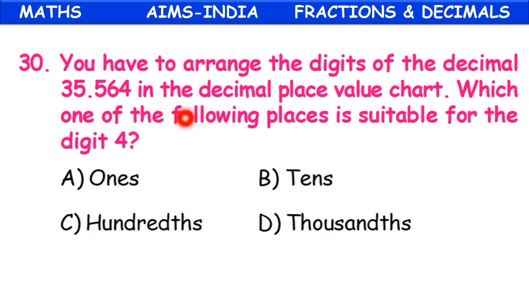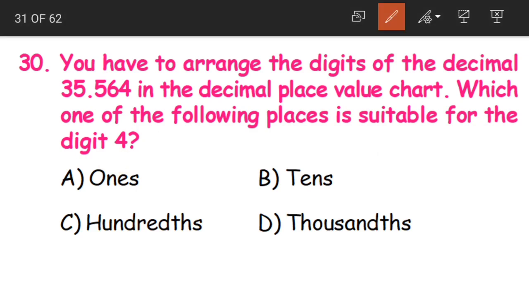Next question 30. You have to arrange the digits of the decimal 35.564 in the decimal place value chart. Which one of the following places is suitable for the digit 4? Now they are asking us the place value of the digit 4 here. What are the place values, children? Let me write here 35.564.